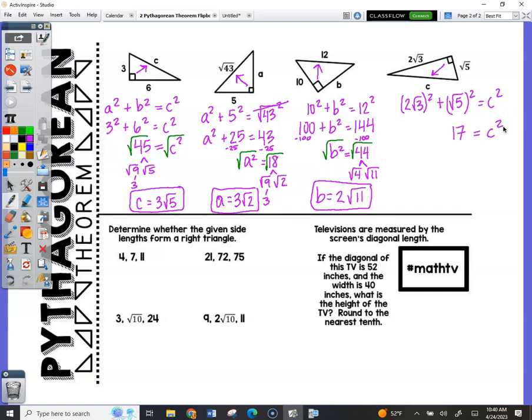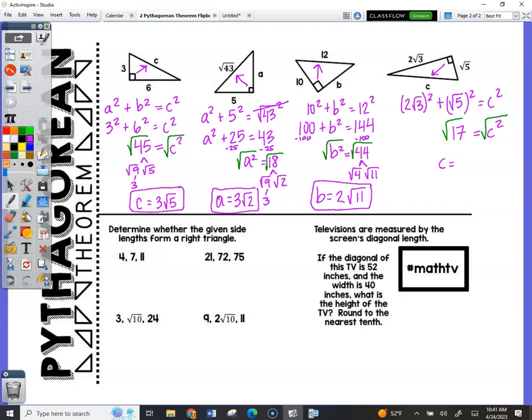Now, we have to square root both sides, right? So we have to break 17 down. Go to your list of perfect squares. 1's the only one that works. Is 1 going to change anything?